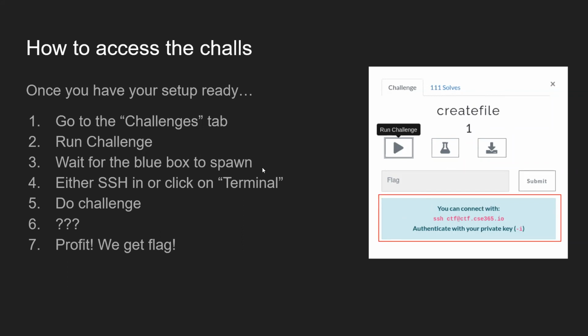Here you can either SSH into this address with this exact command, ssh ctf at ctf.csc365.io, or after it's spawned in, just go to the terminal tab and it should be there for you. After that, just do the challenge and get the flag.